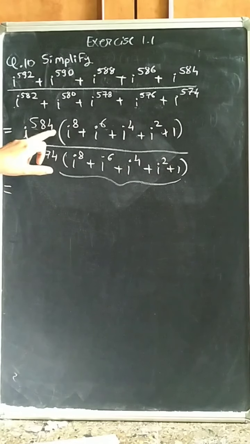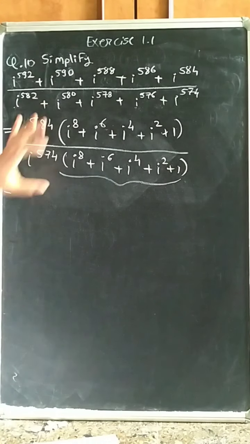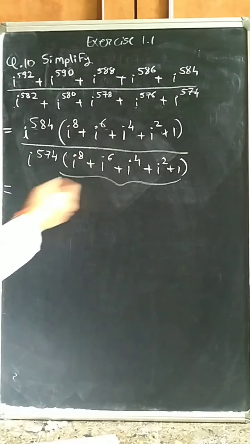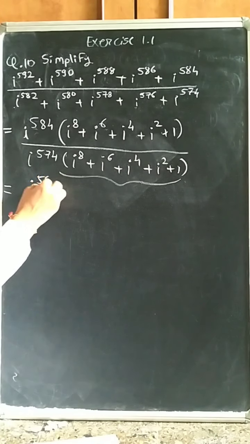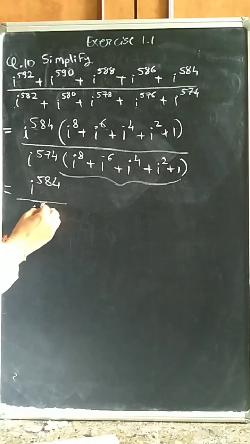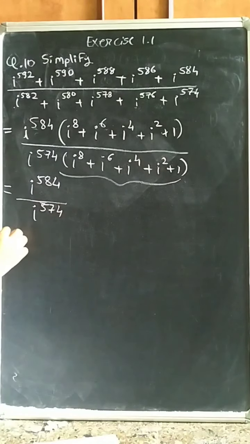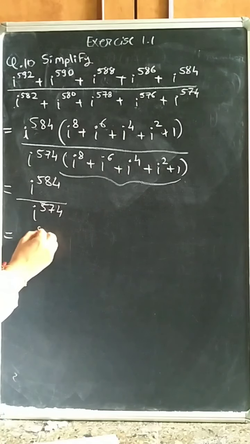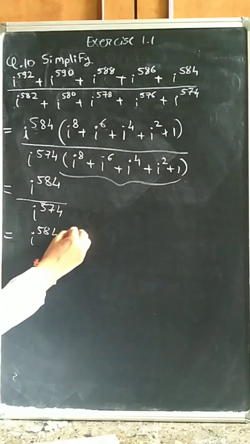Now here in the numerator and denominator these two terms are the same, so they cancel out. So we get i raised to 584 upon i raised to 574. This equals i raised to 584 minus 574.